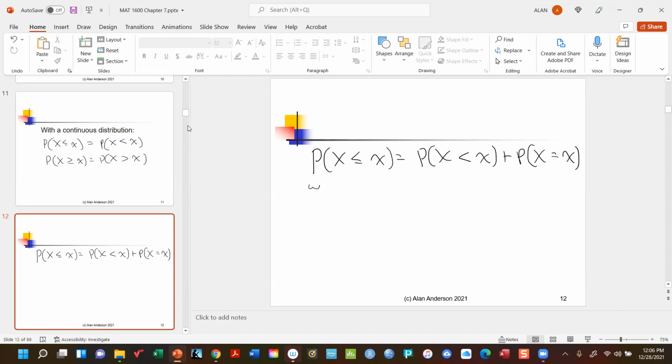And with a continuous distribution, we've already seen that this probability equals 0.